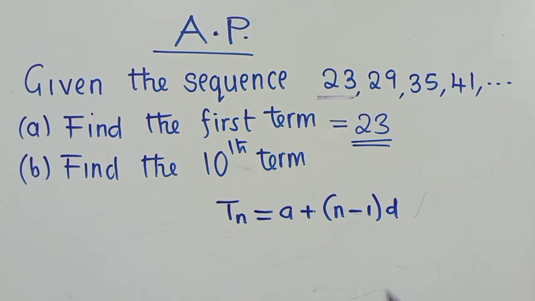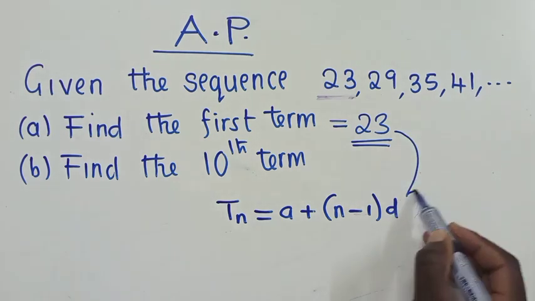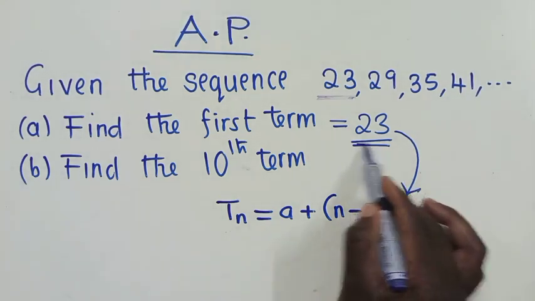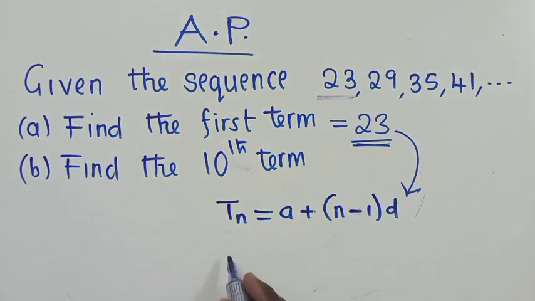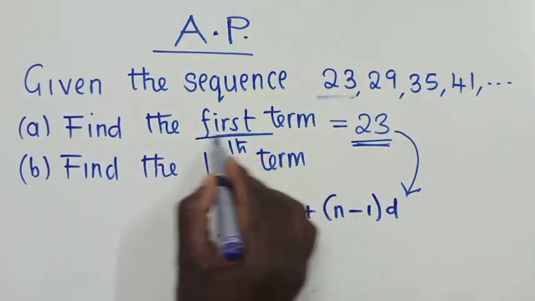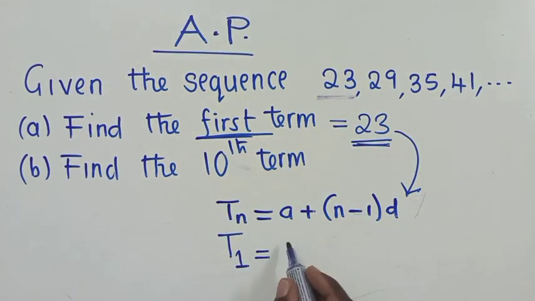So now, I want to show you that the first term will always be 23 for this sequence. So we're going to say T1 because our n is a 1. What we are trying to find is the first term. First means 1, okay?